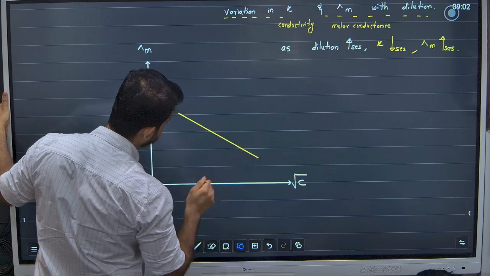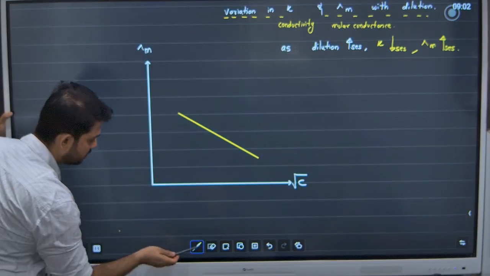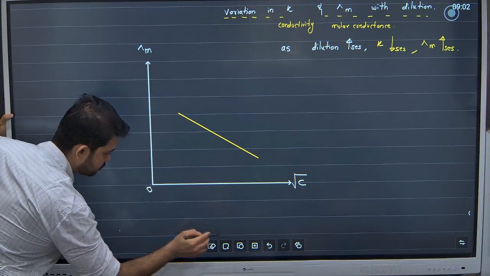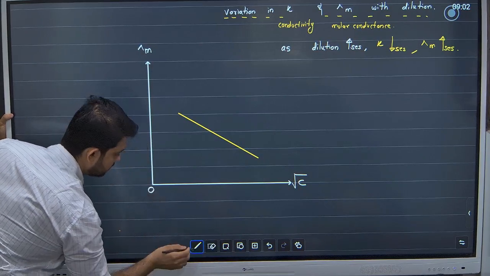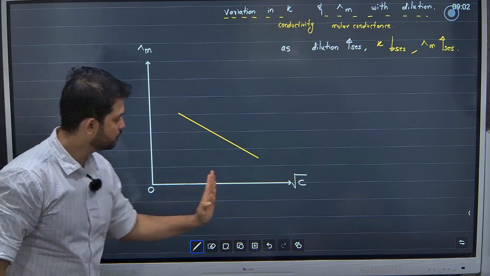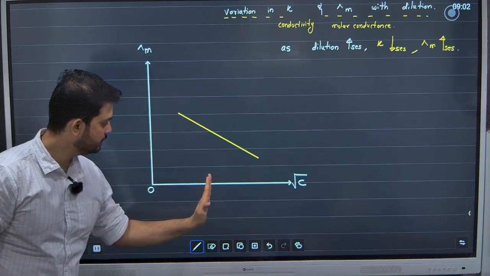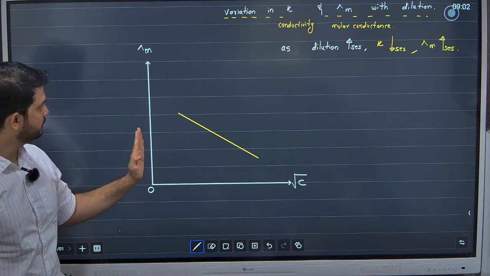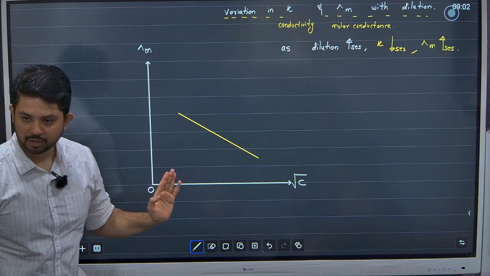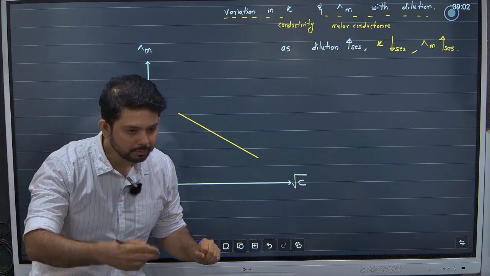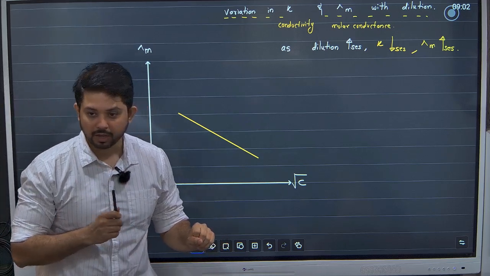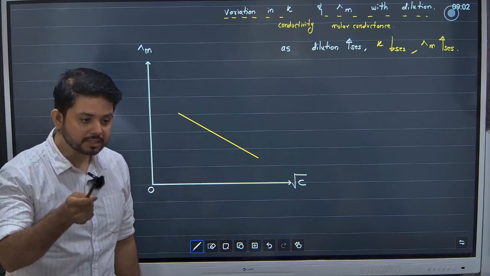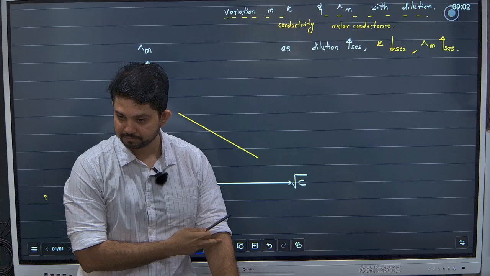Did you people get that? Yes or no? या इसको उल्टा देखो. As concentration decreases, yeah, as dilution increases, what happens to lambda m? Yes or no? And if you keep on diluting, when will we have maximum molar conductivity?